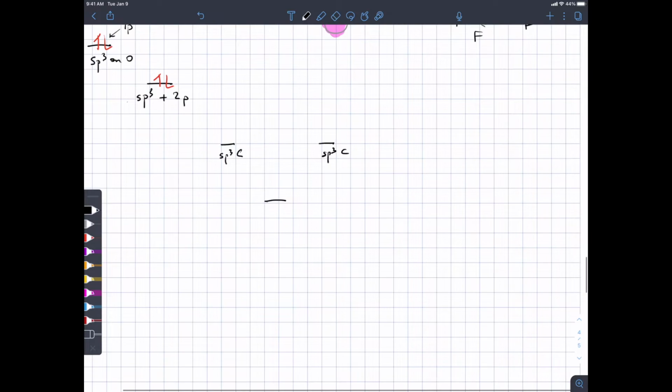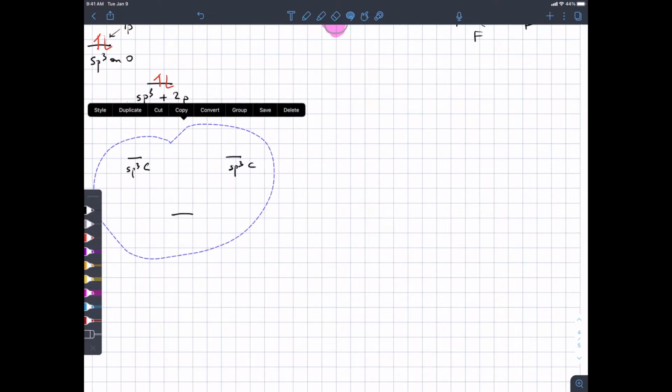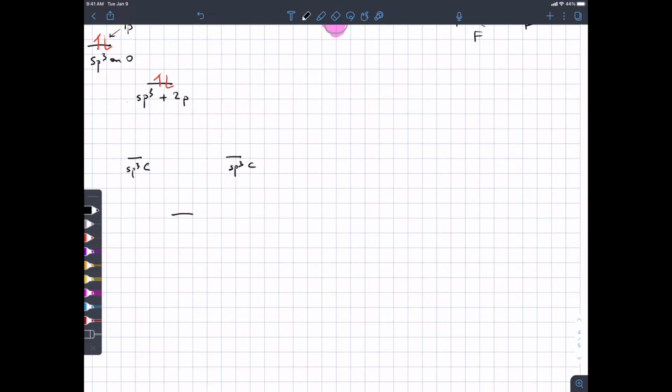But what if I, instead of doing that, want to make an orbital starting with the same sp3 carbon, but with the atomic orbital on oxygen? And here's a way to think about this.